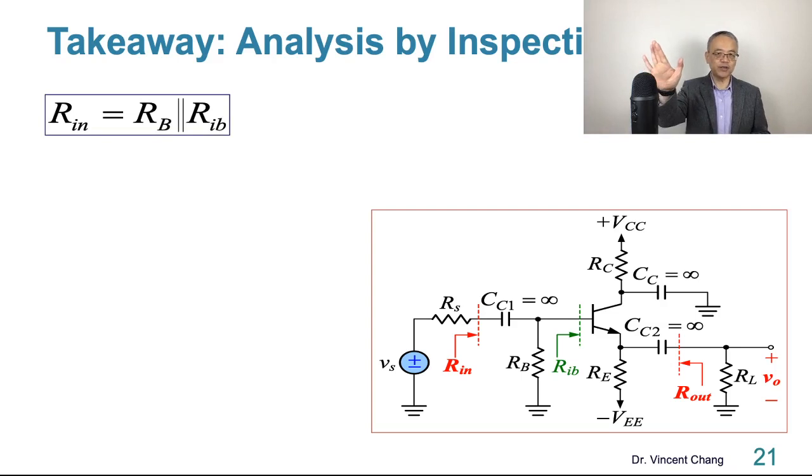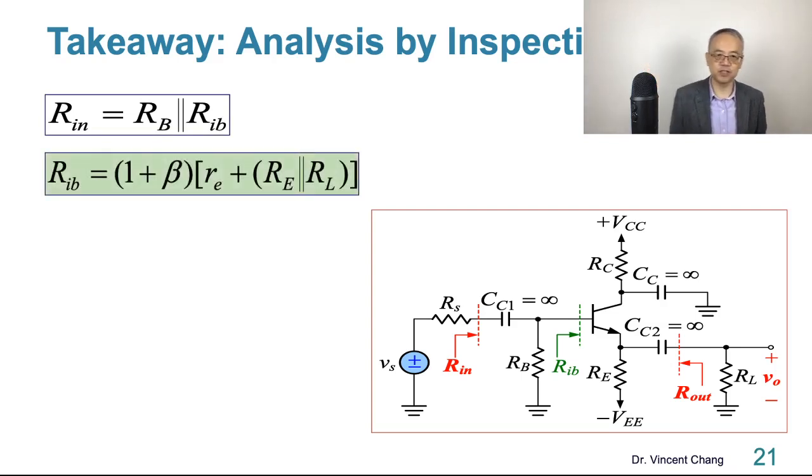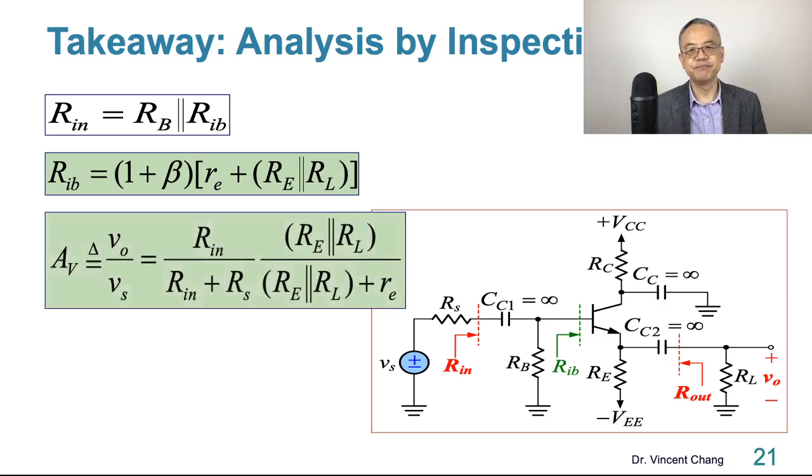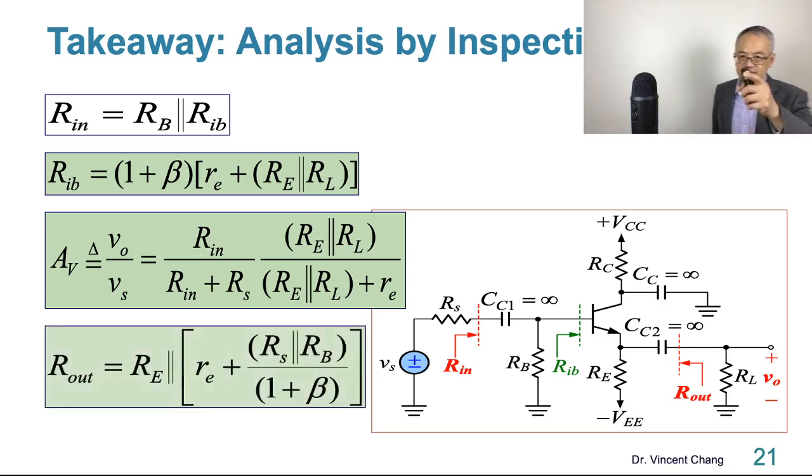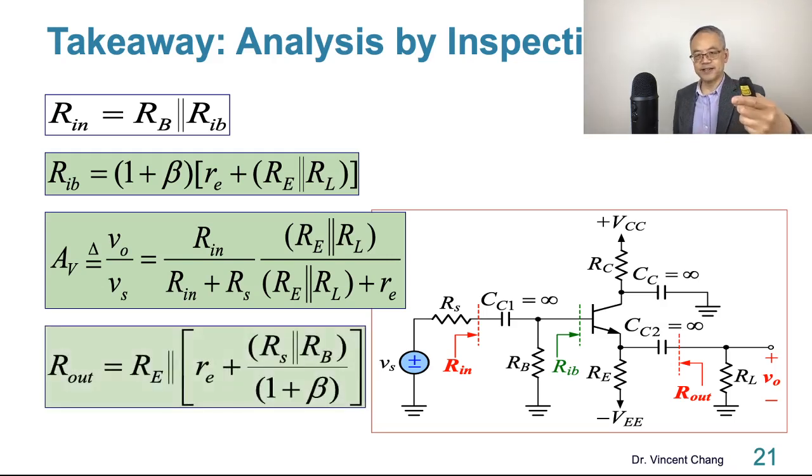So major takeaway: analysis by inspection based on the T model. It's a beautiful model. And then for the voltage gain, remember the voltage dividing between the external and the internal. And let's try to do it one more time, based on analysis by inspection.